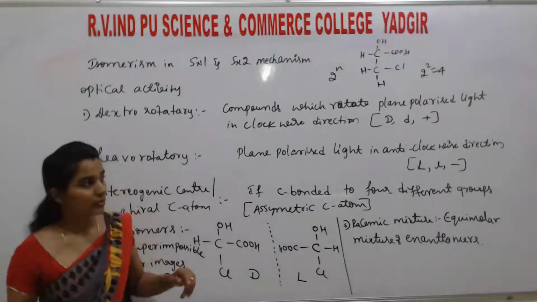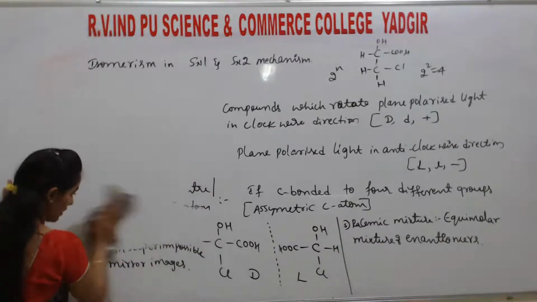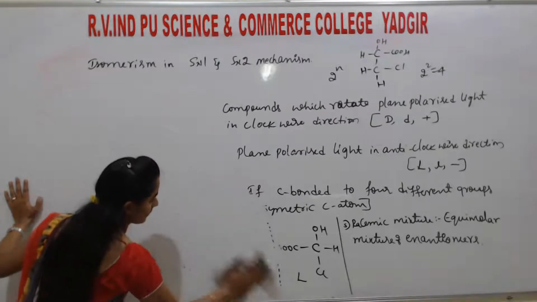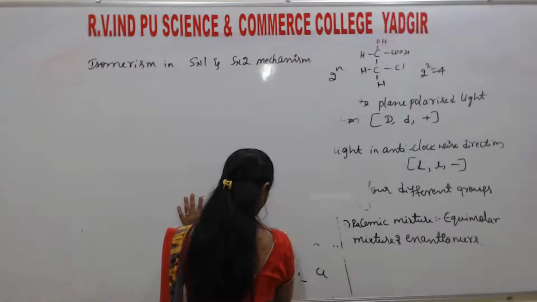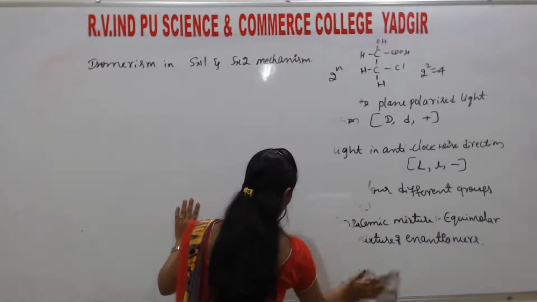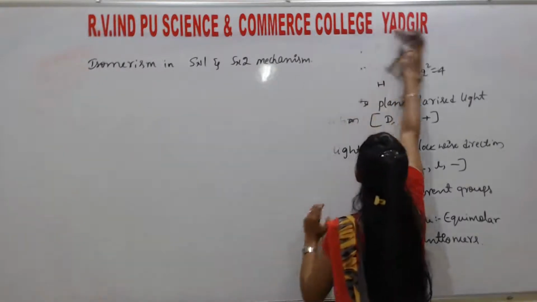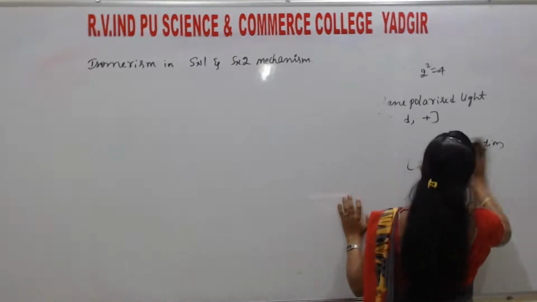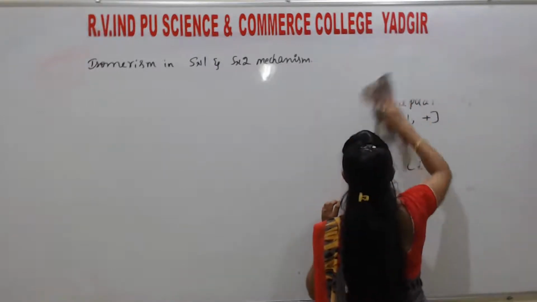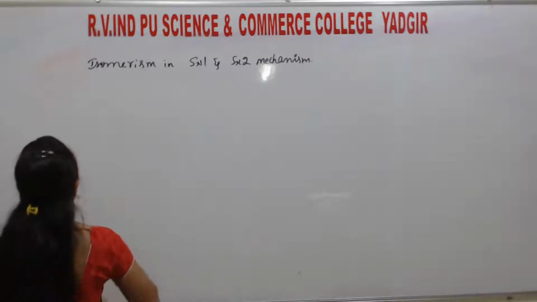Understand? So in the SN1 mechanism, I'll explain what happens to the isomers. Students, listen.